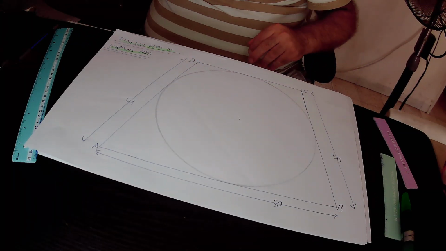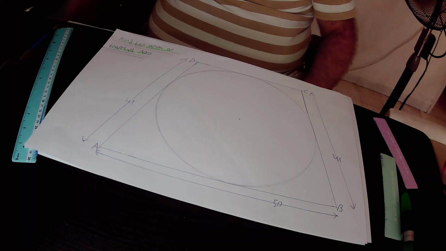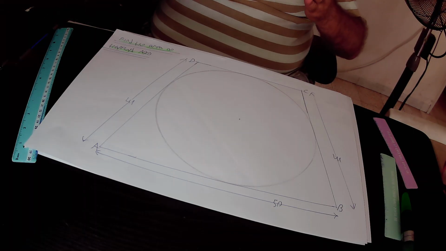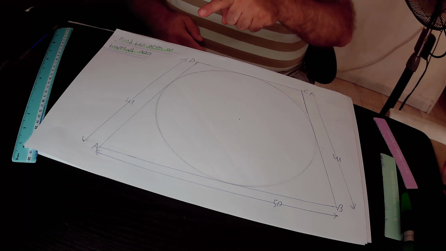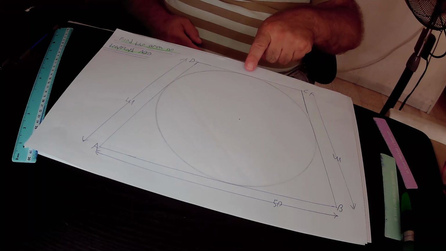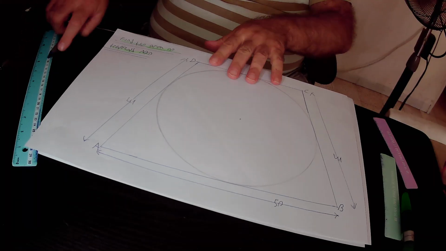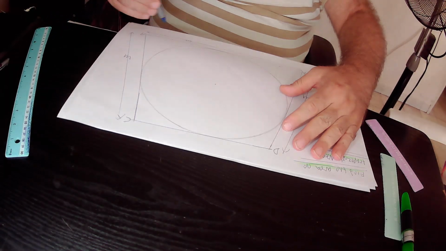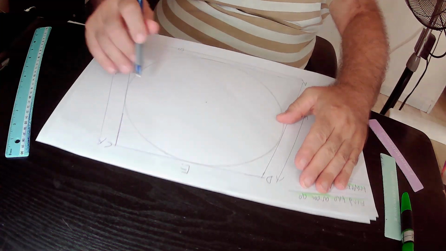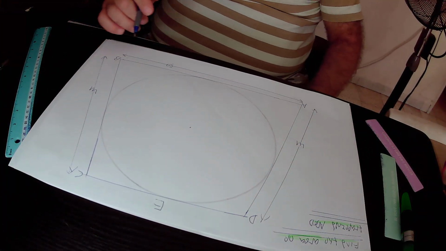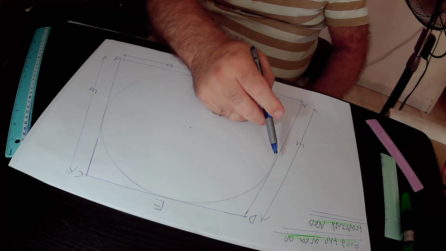So first of all, we will define relevant points to this question with letters. We define the point of tangency of tangent DC with this circle. This point is point E. We define the point of tangency of tangent DA with this circle.